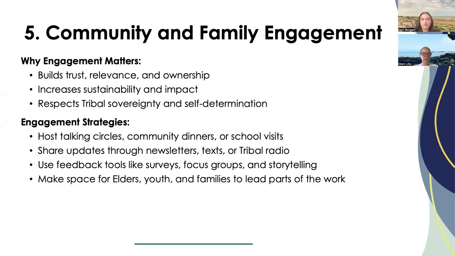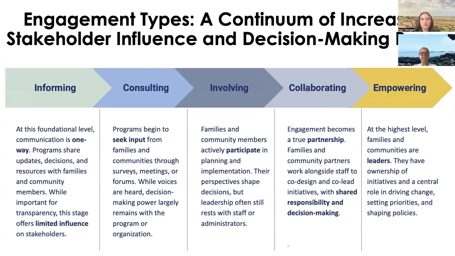And so we'll move into the next slide, which has engagement types. And this is a continuum of the different types and ways in which you can engage people, moving from informing to consulting, involving, collaborating, and then empowering. This continuum really is a framework that helps us to understand how family and community engagement can evolve from informing to empowering.